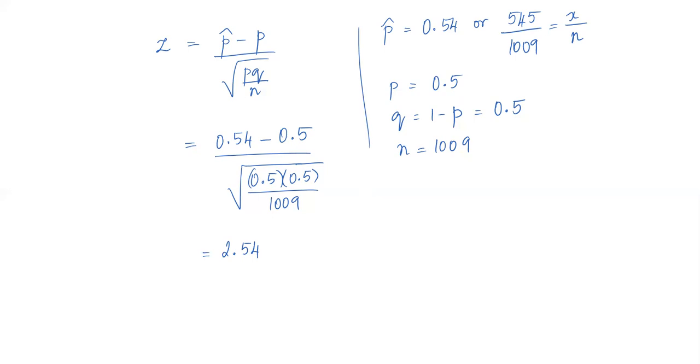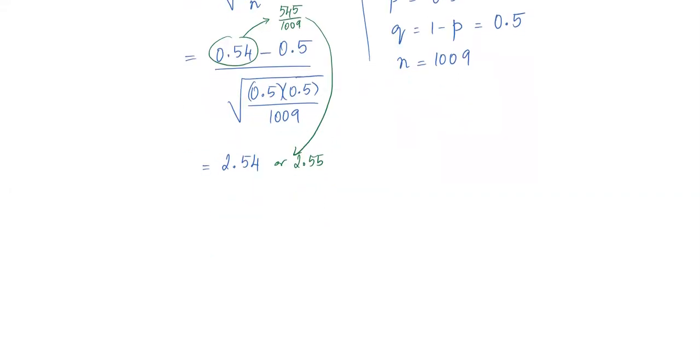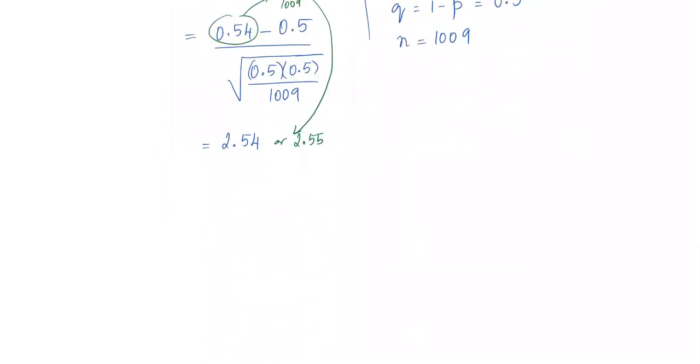So if this was rewritten as a fraction, then that would give an answer of 2.55. It's not so different, but sometimes it may make a difference when you do the critical value, if it was that close. So just letting you know that rounding can have impact in your calculations. So that is your step.